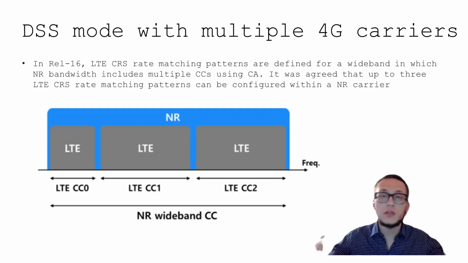And all of those carriers will be in DSS mode. I don't have information about vendor implementation. Is it available as of May 2022 or not? But in release 16 there is a possibility for such LTE rate matching.